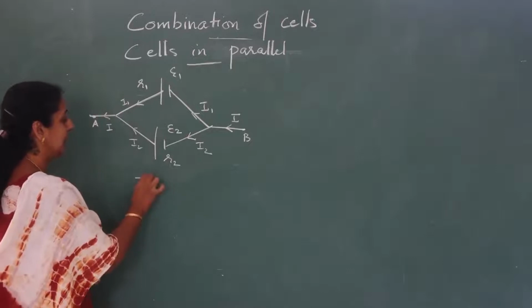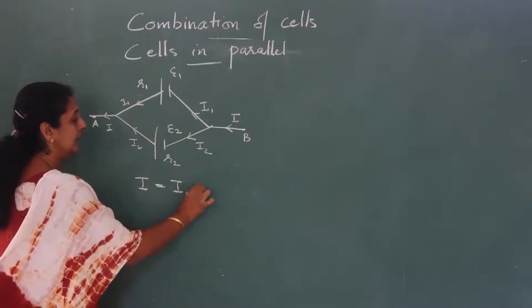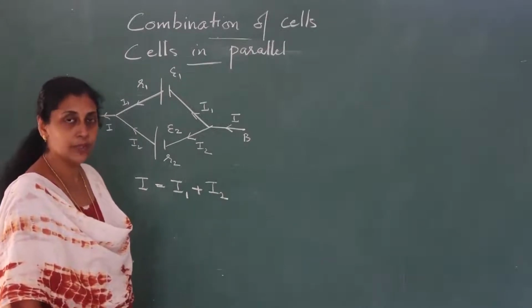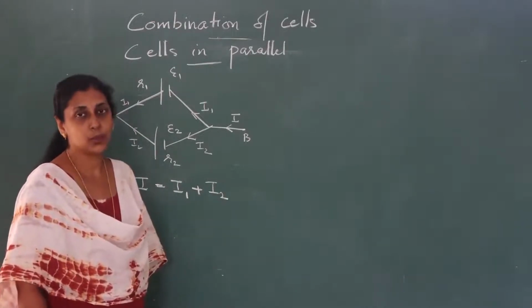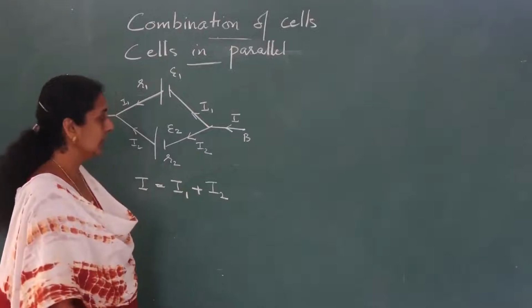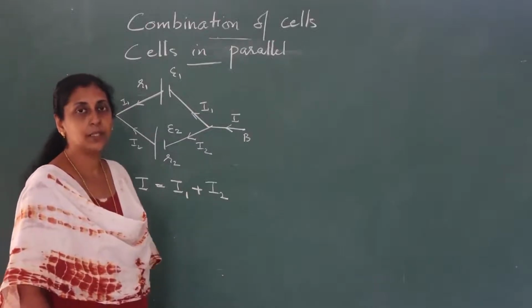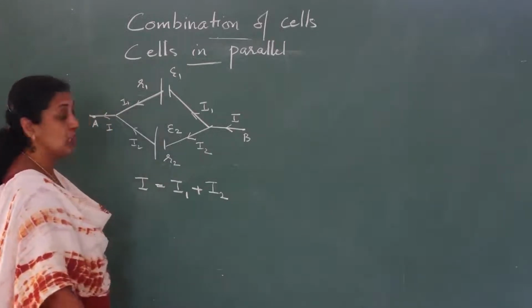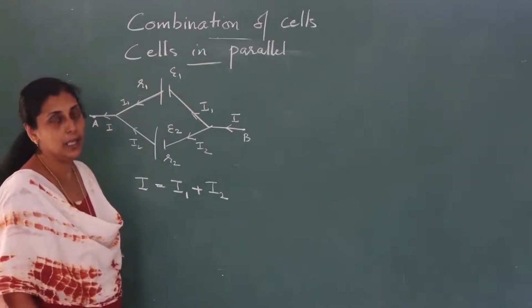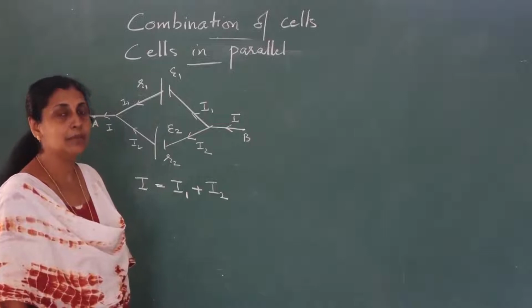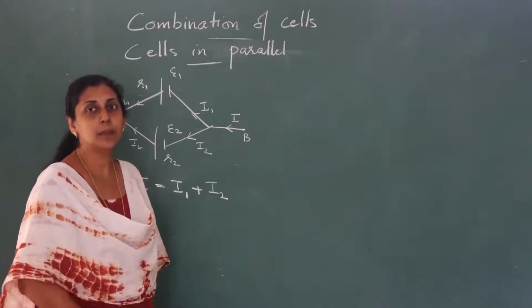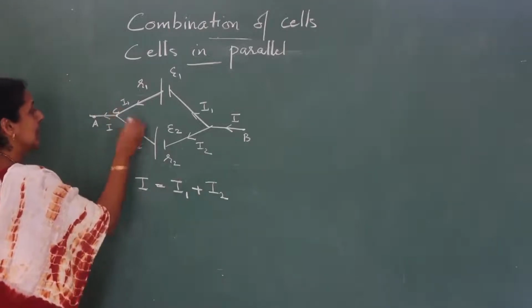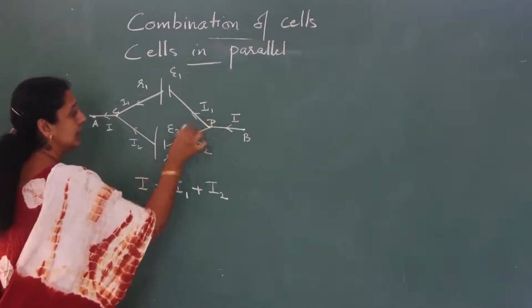So I is equal to I1 plus I2, where I1 is the current to the first cell and I2 is the current to the second cell. Now, let us write the relations for each cell separately. The potential drop across the first cell and across the second cell will be the same as they are combined in parallel. Let me call this junction C and this junction D.